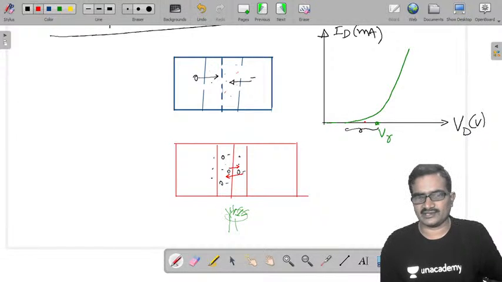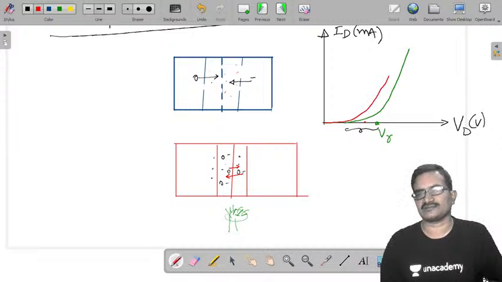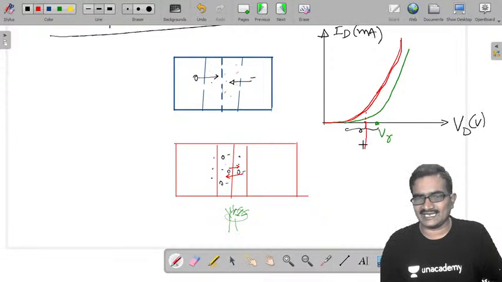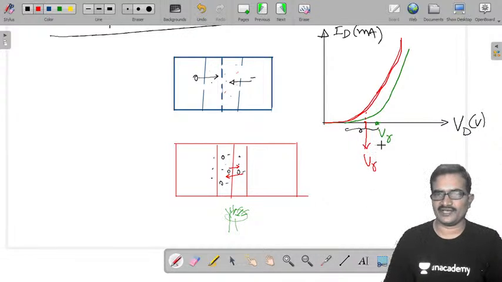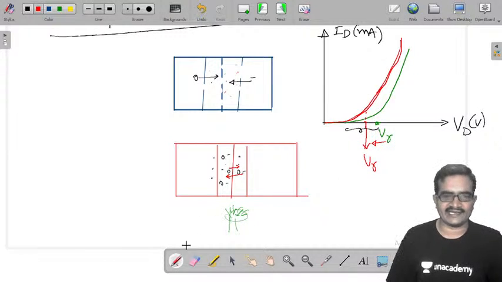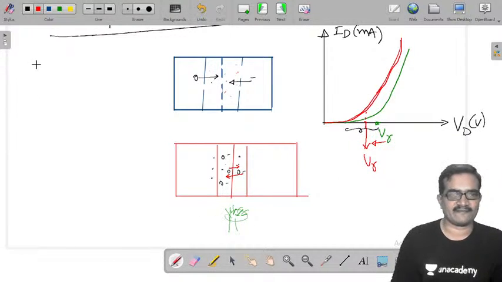Now the plot is like this. This is the plot. Now V gamma is decreased. This is the new V gamma. So by increasing temperature, cut-in voltage is going to decrease. That is the final statement.